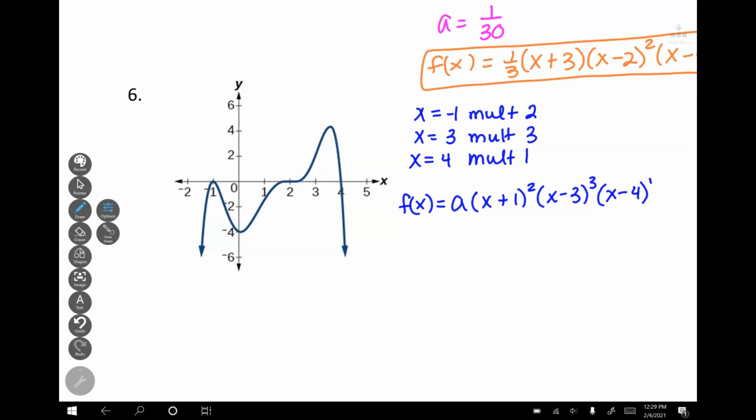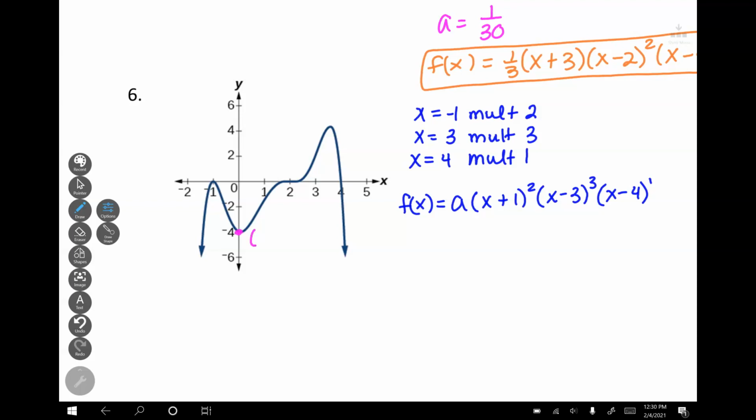All right, now we want to figure out the stretch factor. So it looks like it goes through at -4, but let's see if there's any other points we can use. No, that's really the only thing that we have, so we'll assume that that was going through right at -4.